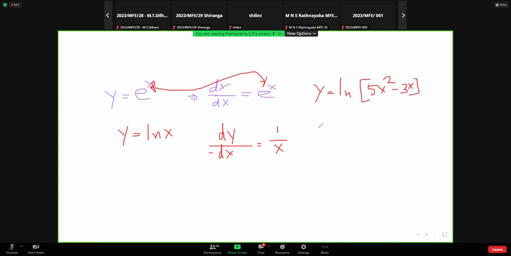If you differentiate this one, the answer you get is the derivative of the inside, 10x minus 3, multiplied by 1 over 5x² minus 3x.